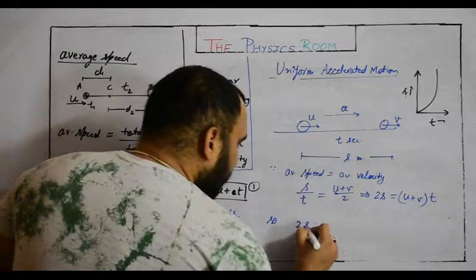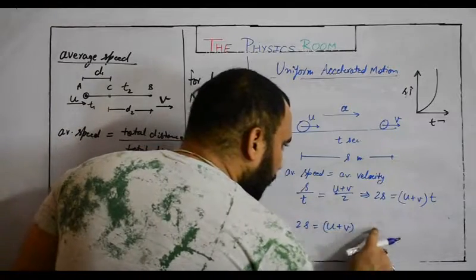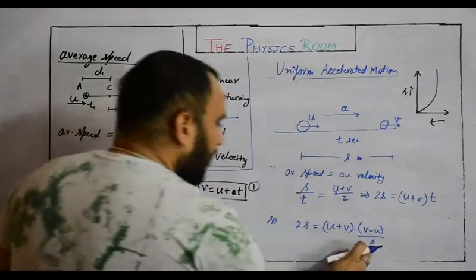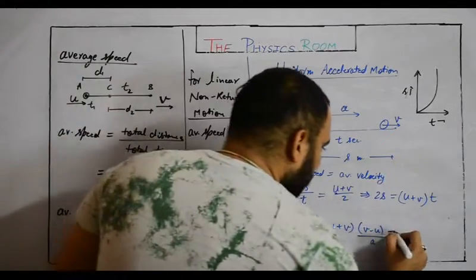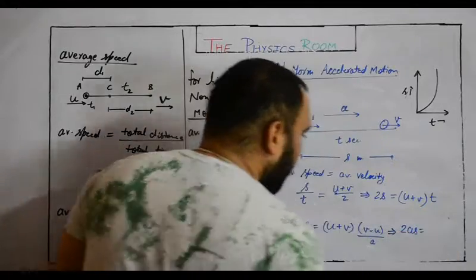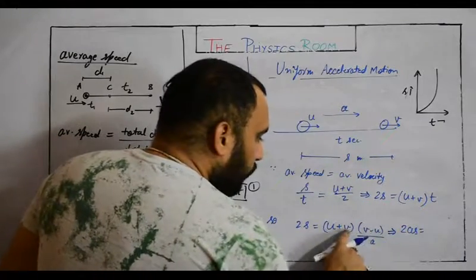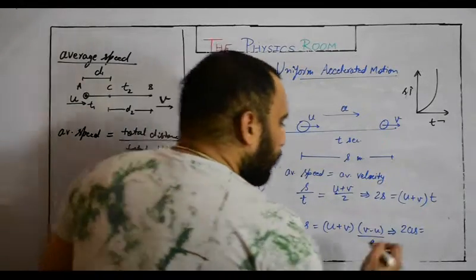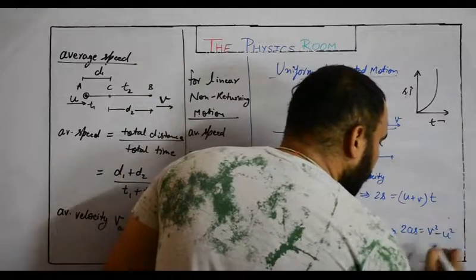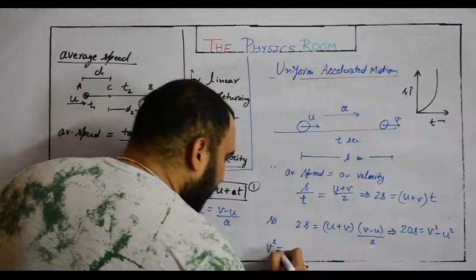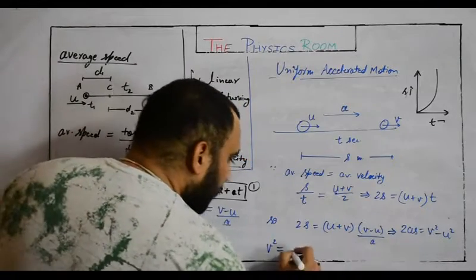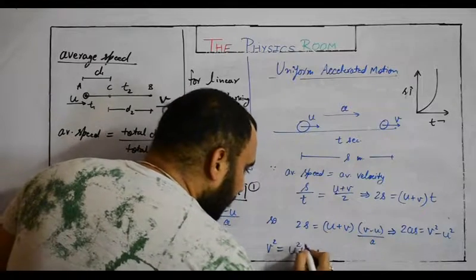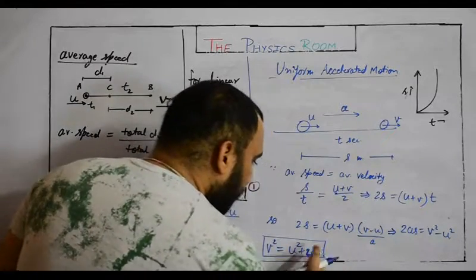So 2s will become (u plus v) into (v minus u) upon a. Send a here. You'll get 2as equals, now please check, (v minus u)(v plus u), like (a minus b)(a plus b). It is the a square minus b square formula. So you can write it like this: v square minus u square, or you can write v square equals, sending u square there it will become positive, u square plus 2as, which is actually the third equation of motion.